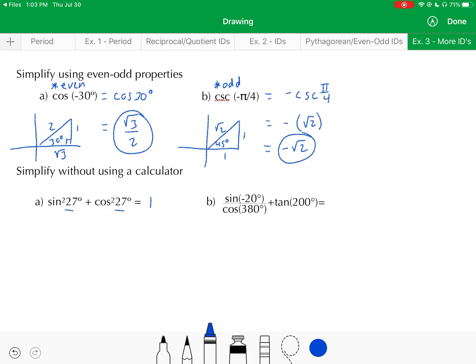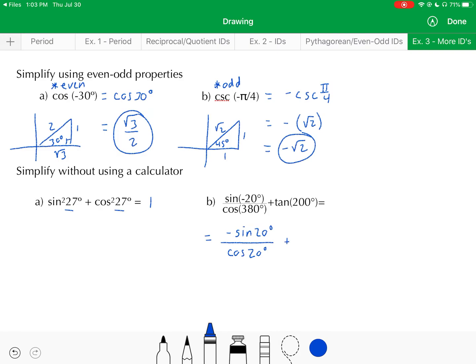So starting with the fraction there, I'm actually going to use two properties here. Sine of negative 20 degrees is the equivalent of the negative of sine of positive 20 degrees because sine is odd. And then cosine of 380, I'm going to use the fact that cosine has a period of 360 degrees. That means that cosine of 380 could really just be thought of as cosine of 20 degrees because 360, its period, plus 20 gives you the original angle measure of 380 for cosine.